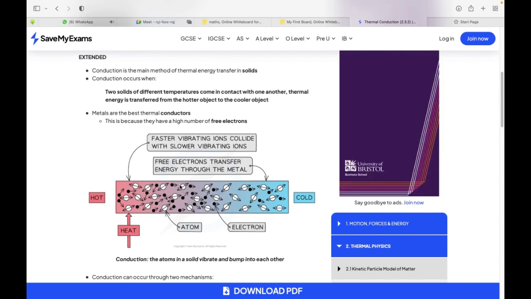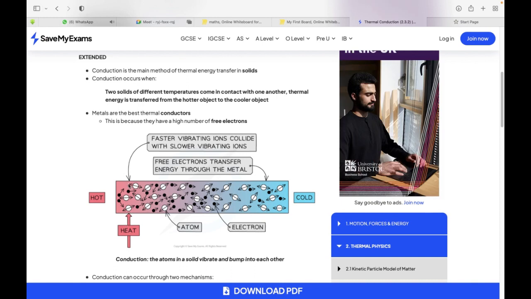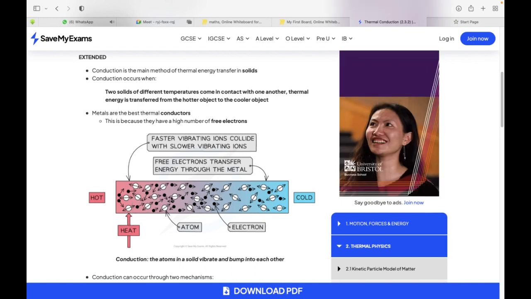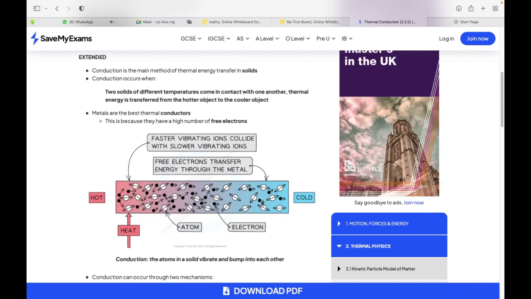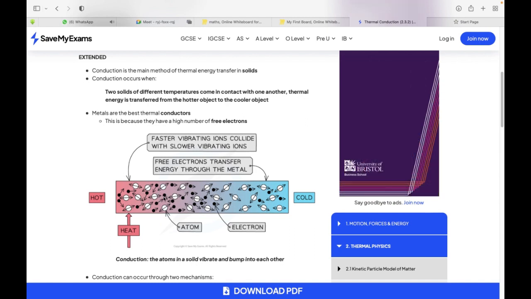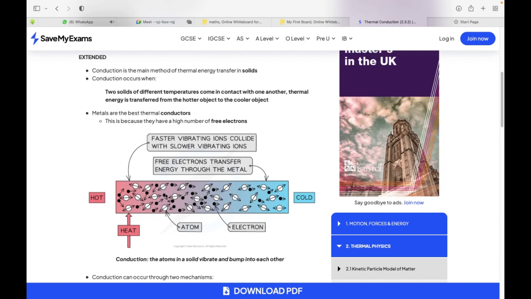So when two solids of different temperature, like this one, the hot temperature is this side, because you're heating it from this side. You can see that the temperature here is quite different from the temperature on the other extreme end. This is a cold temperature. When you heat it here, because it's a metal, the heat is going to move. Faster vibrating ions collide with the slower vibrating ions.